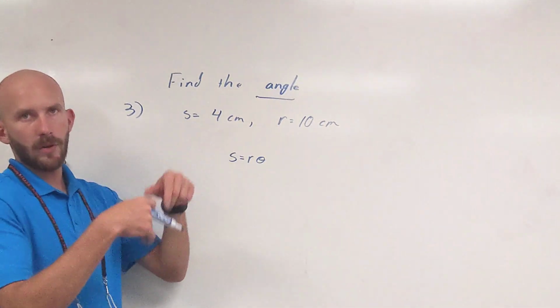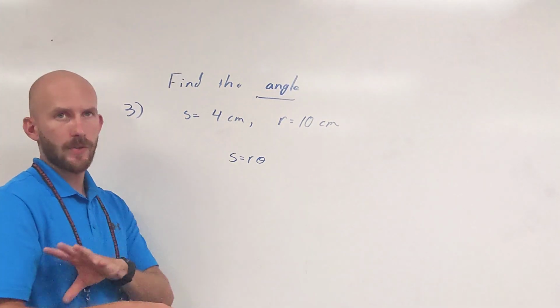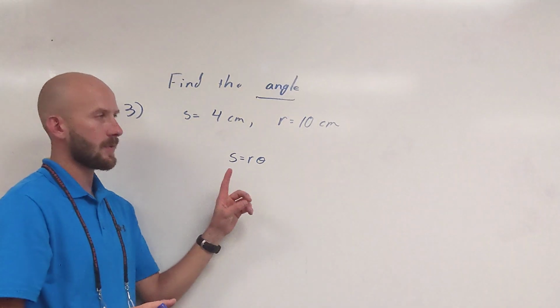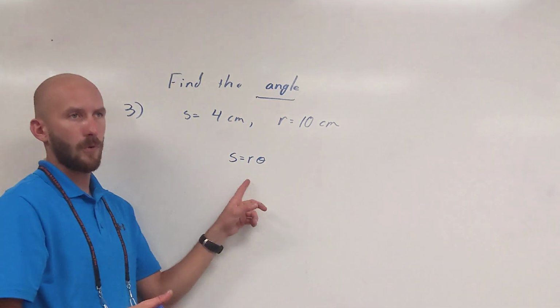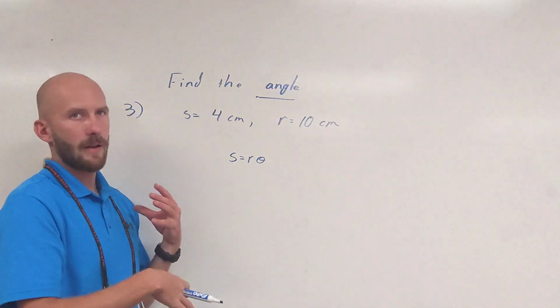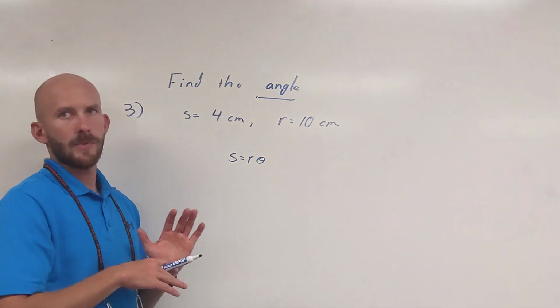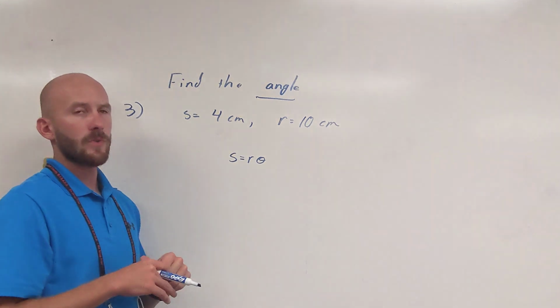Before I plug any numbers into it, for things we're going to talk about later, it's typically easier to rearrange before you plug numbers in. Because if you get fractions, then you have to deal with multiplying by a reciprocal or square roots. A lot of times it's easier to do this first.